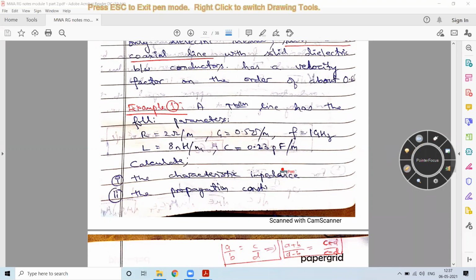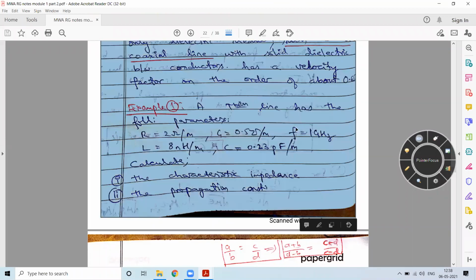So you'll have these parameters. Now you have to calculate the characteristic impedance, that is Z naught, and the propagation constant, that is gamma. Along with this, you can add a few more, like identifying alpha and identifying beta. You'll be able to identify these using the parameters they have specified.